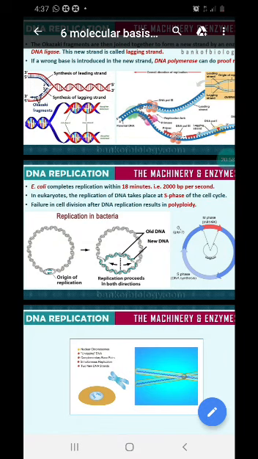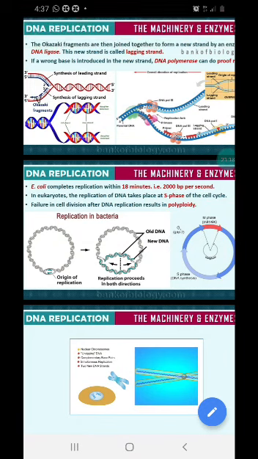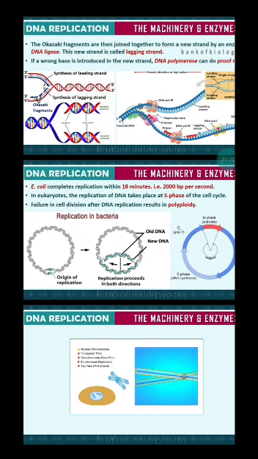Right. And also you should know at which stage the replication of DNA happens in human beings. It happens in the synthetic phase, S phase. Children, when cell division is taken up for you, you will understand what S phase and all those phases are. So it happens in the S phase, the synthetic phase.